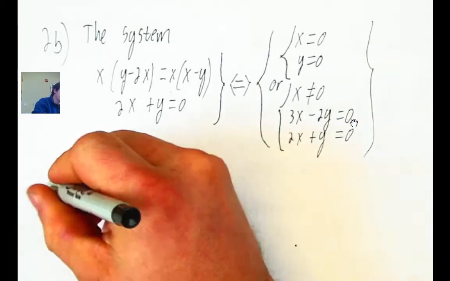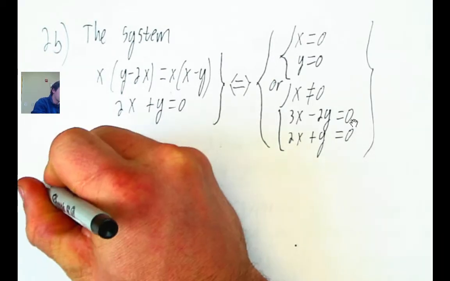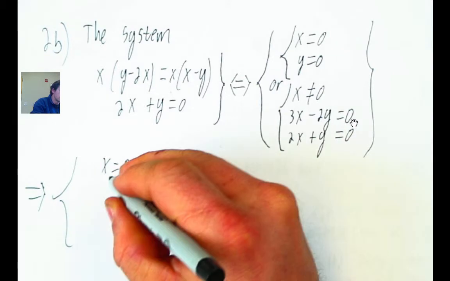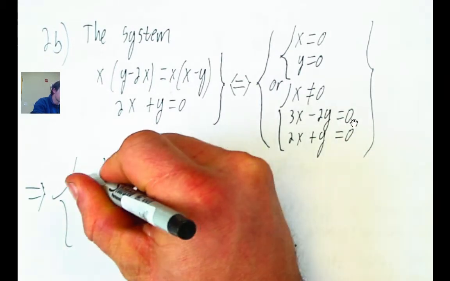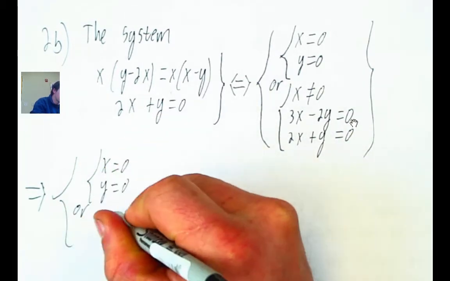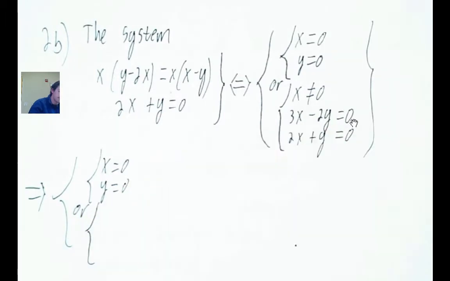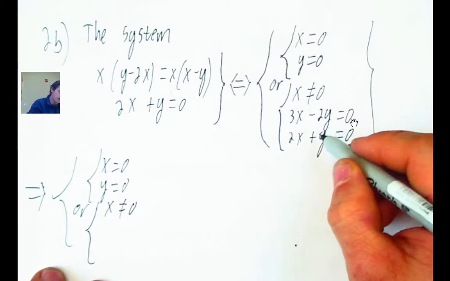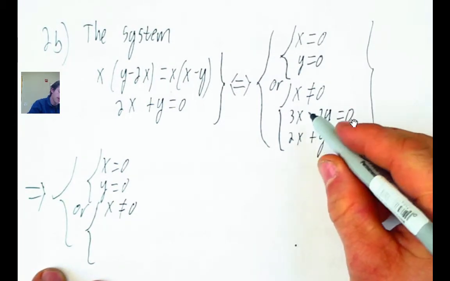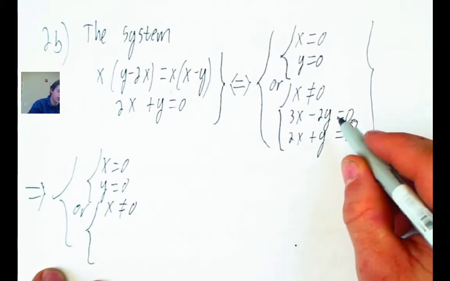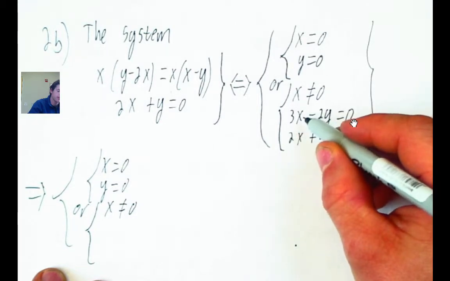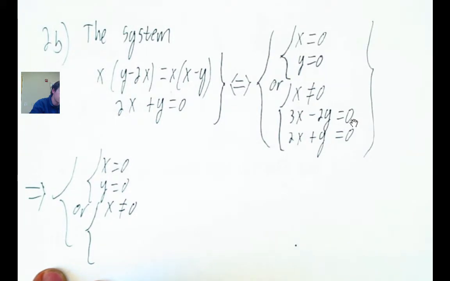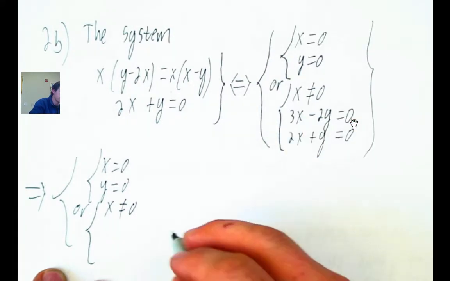I'm going to group those all together and say that that's equivalent to, well, the first condition, x is equal to 0 and y is equal to 0. Or the second is x is not equal to 0, and what can I do? I'm going to add 2 times the second equation to the first, so 3x plus 2 times 2x, and that's going to give me 3x plus 4x is 7x.